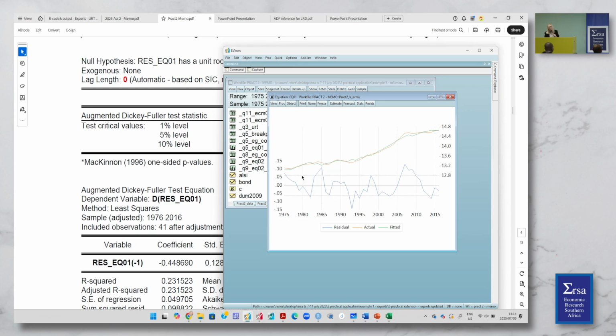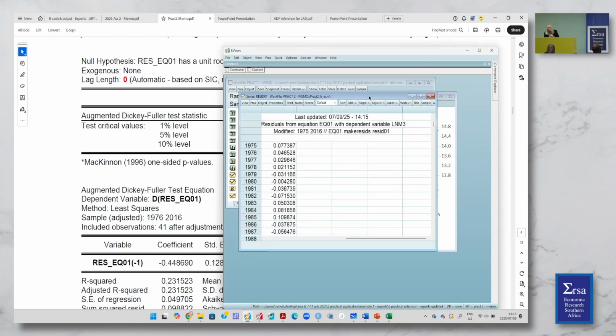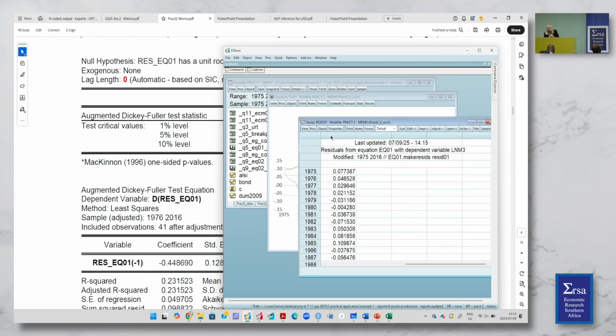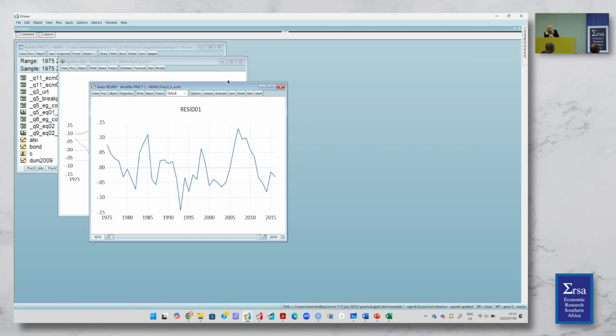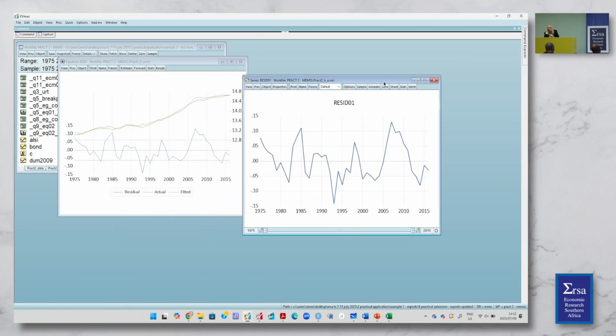How can we save it to perform a unit root test on it? If you go to procedures and you say make residual, you can give it a name, if for any reason you need to save that residual. So this is just making sure that is what we think it is. That one is the same as the blue line down here.